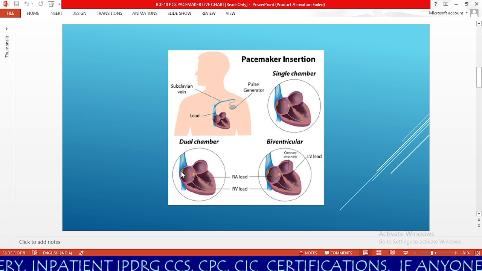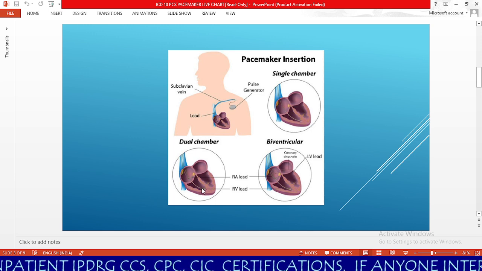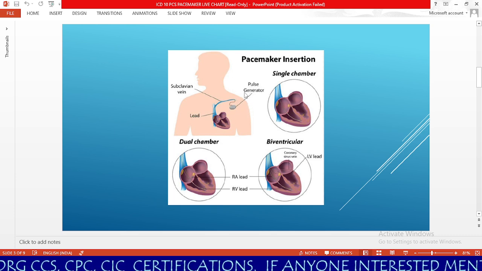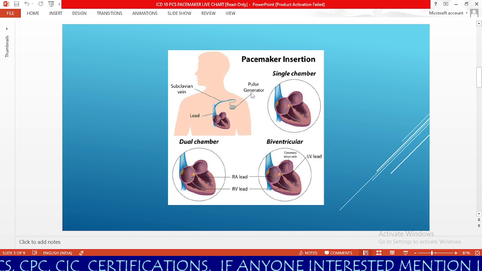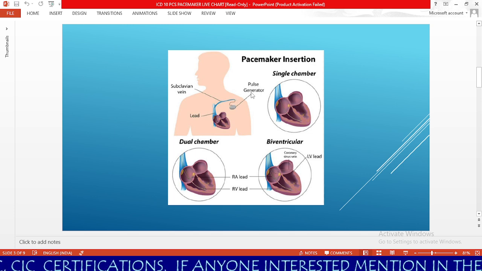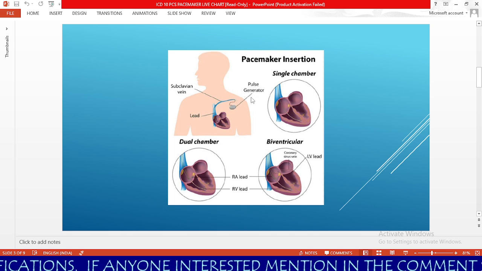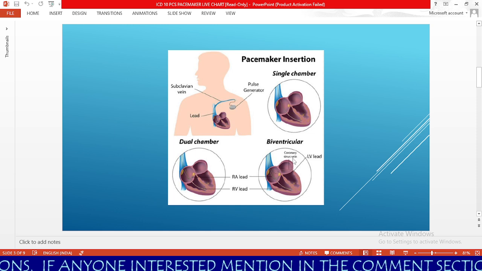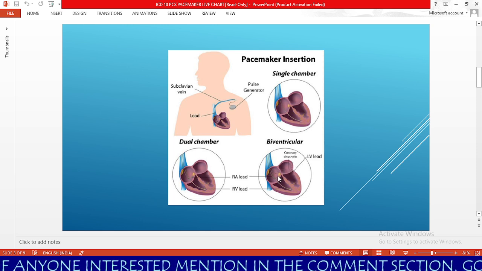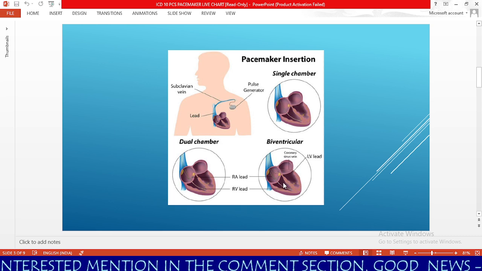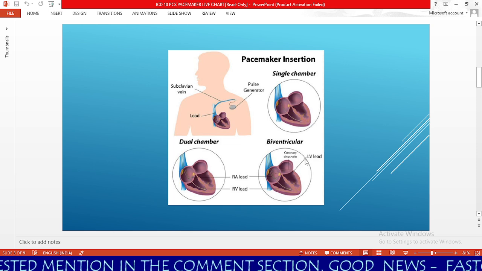This is the right atrium, this is the right ventricle, and these two leads will be connected to the pulse generator, which is the same for any type, whether single chamber, dual chamber, or biventricular pacemaker. If you take a biventricular pacemaker, along with the ventricles, the physician will place this lead in the LV, or left ventricle area.